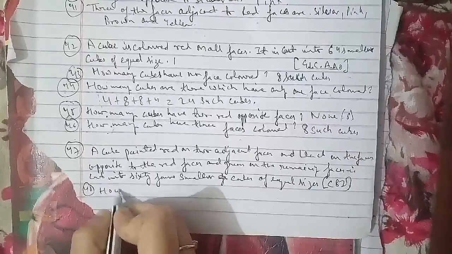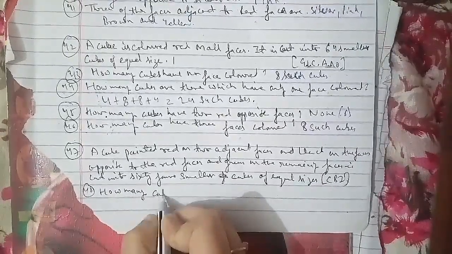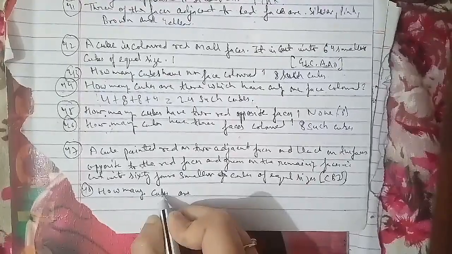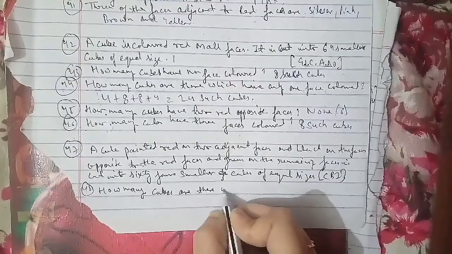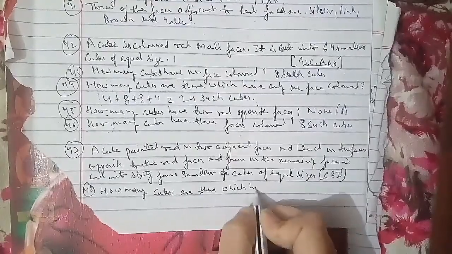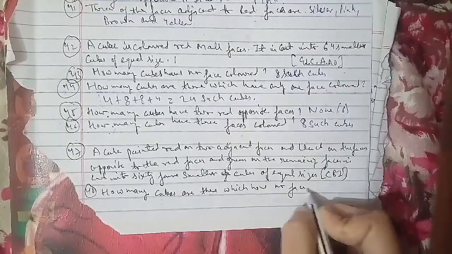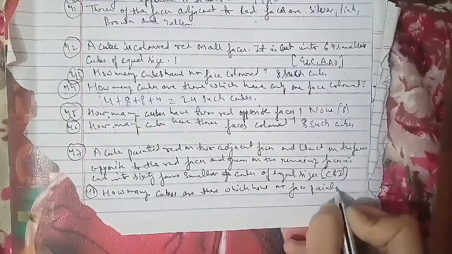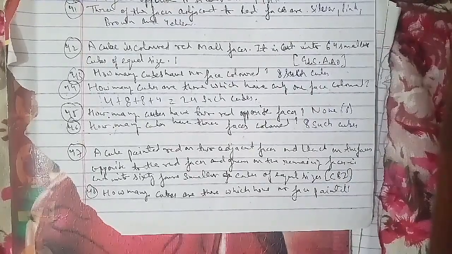So the question is how many cubes are there which have no face painted. This has been asked in your CBI examination paper. The options for the same are 0, 4, 8 and 16.